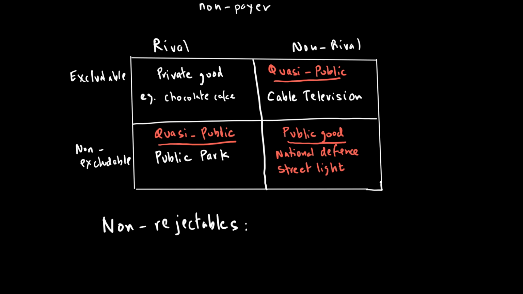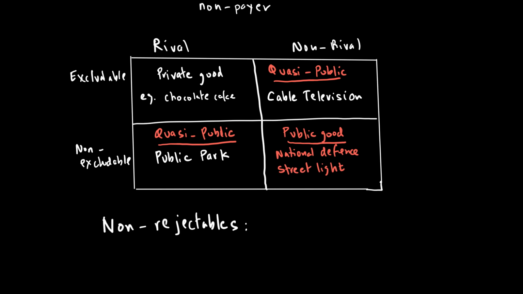For example, a street light is provided right outside my house or in the street where I live, and let's say I don't want to use the street light. I reject it. But the problem is that I won't be able to reject it because, no matter what, I have to use it whenever I cross it or whenever my car goes under it.